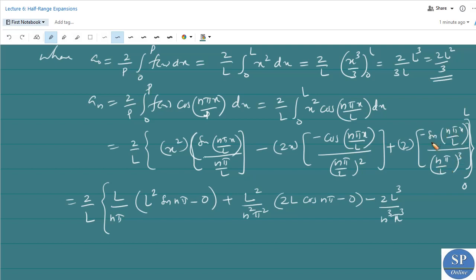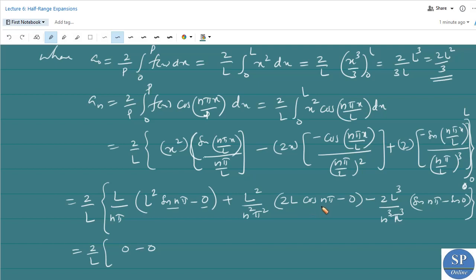So now applying the limit, for applying L for x, we have sin n pi, minus, when applying 0 for x, we have sin 0. So this is equal to 2 by L into, here we have sin n pi 0 and 0 is here, so this is 0 minus 0.